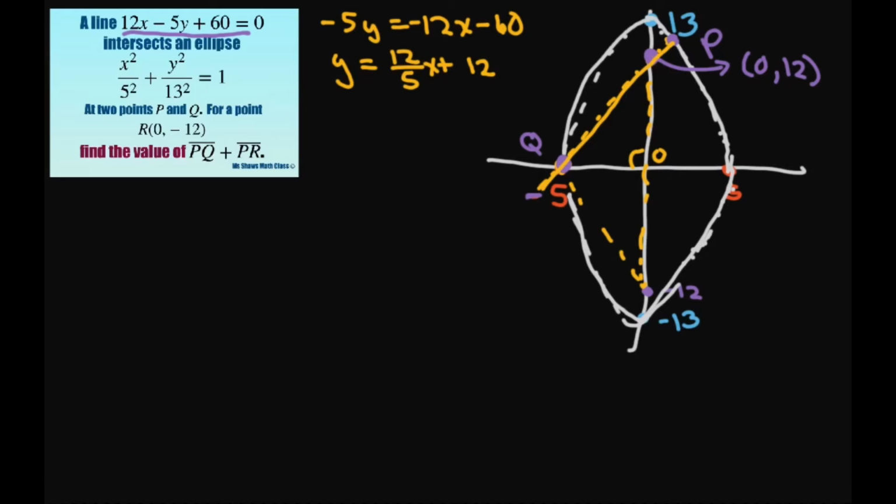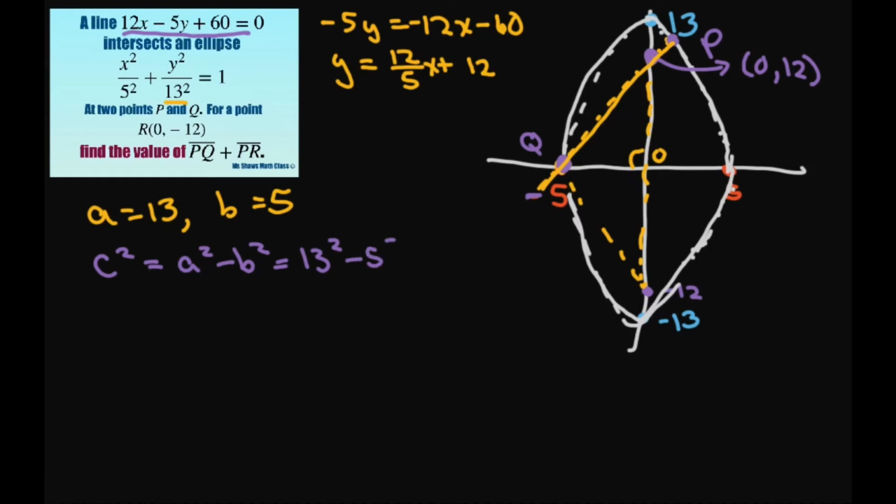Now for the ellipse, we have A is your bigger number here. It's 13. Your B is going to be 5. Therefore, your foci is going to be C squared equals A squared minus B squared. And just using your Pythagorean triples, this is going to equal 12 squared.